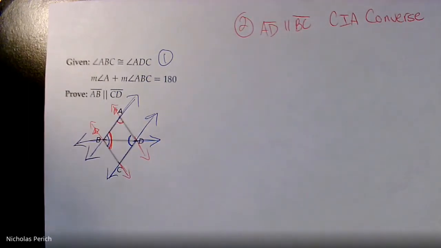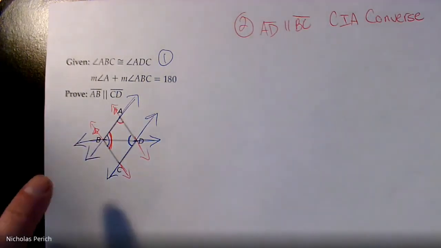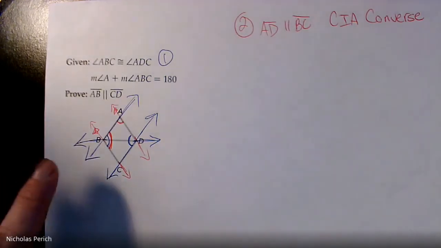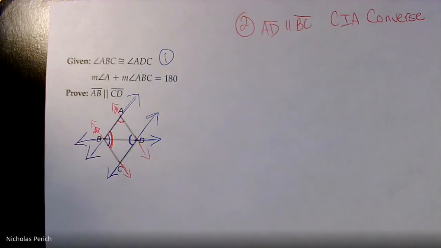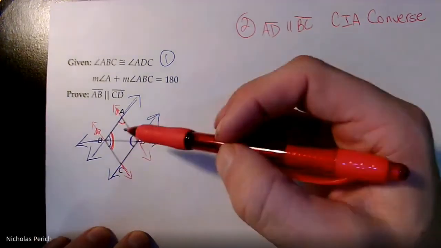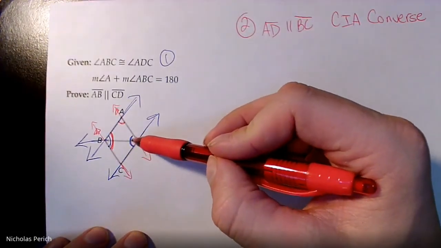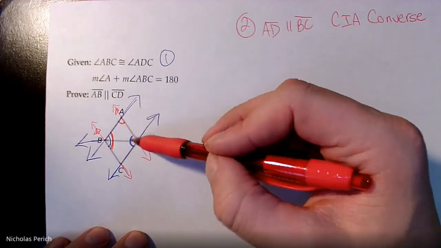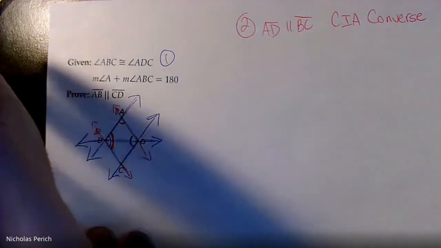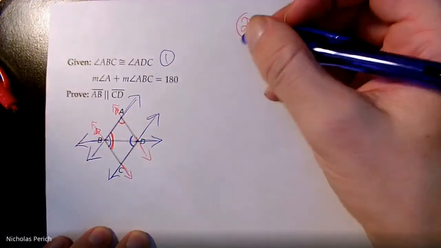So by doing what we just did, my red line and my blue line here are the same line. So I should be able to connect these two, and if I can connect these two, I'm done.